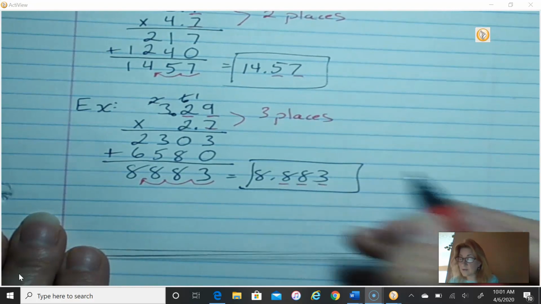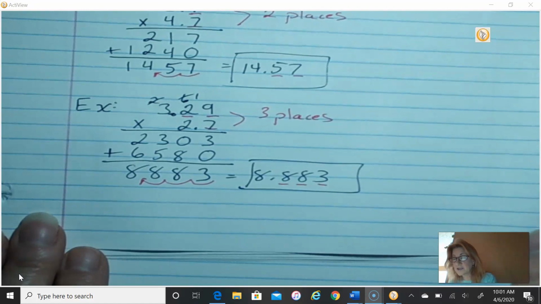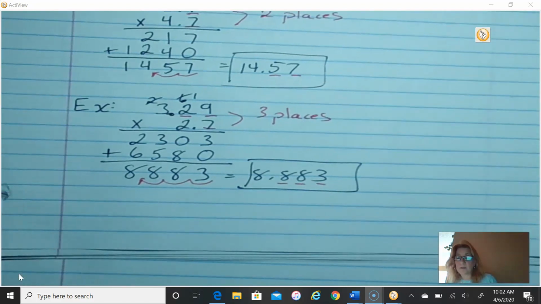Hopefully you got that right. If you're making mistakes, it could be multiplication issues. So you're going to want to probably do these problems once or twice, especially on a quiz, to make sure that you are getting the correct answer. And let's face it, you're at home. You have all the time in the world. There's no time limit. I mean, there wasn't even when you're in my class.